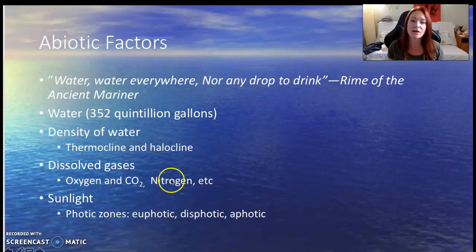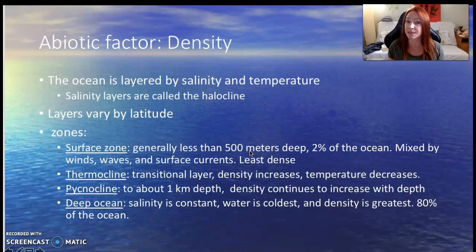And within that water, there are three major abiotic factors that affect what lives where. First of all, we have the density of water, including the thermocline, the halocline, and the thermohalocline. We have dissolved gases in the water, and we have sunlight, how much light penetrates the water. So we're going to take those one at a time. We're going to start with density.